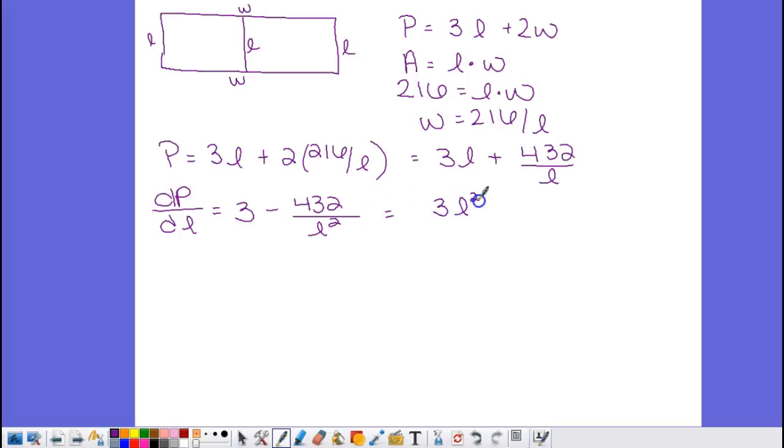So you get 3L squared minus 432 all over L squared. Again, we don't want a length of 0, so we can eliminate that denominator. We're going to set that numerator equal to 0 and solve for L squared.